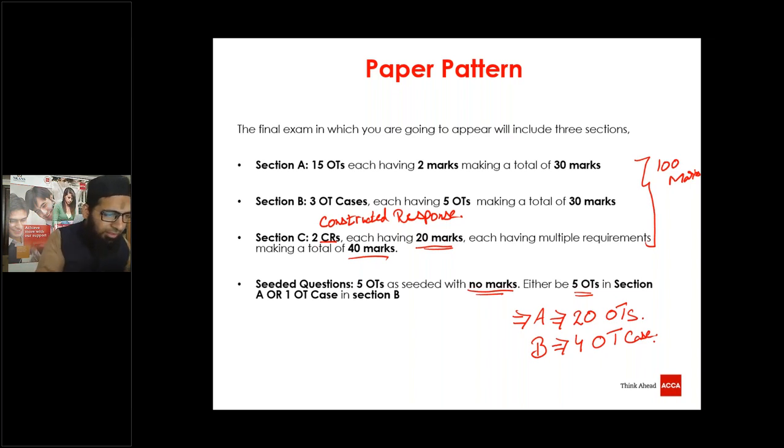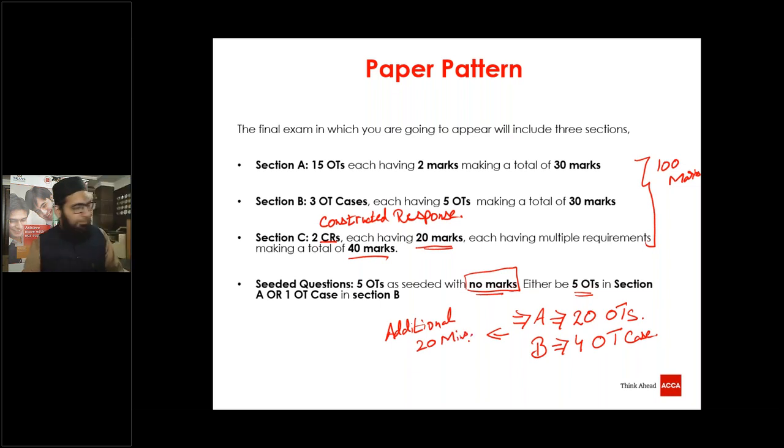But remember that these extra 5 objective tests carry no marks, and we do not know which objective test is seeded. However, we have been allotted an additional 20 minutes for that.